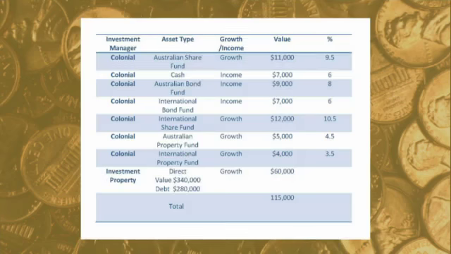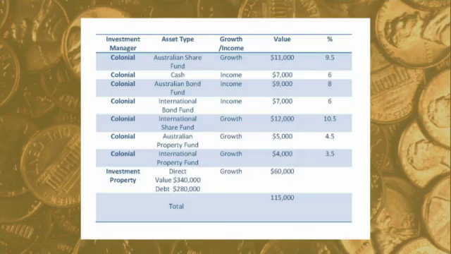Right, now to determine the percentage of each of those asset classes, we just divide the value of the individual asset class by the total value of the portfolio. So in relation to Australian shares, 11,000 divided by 115,000, it gives us 9.5%. We do this for each individual asset.